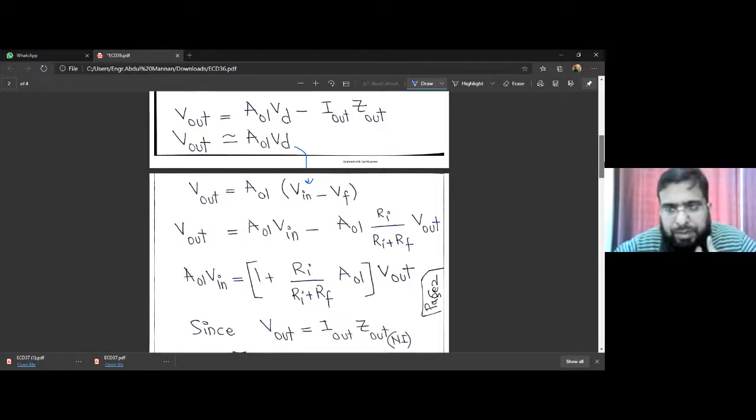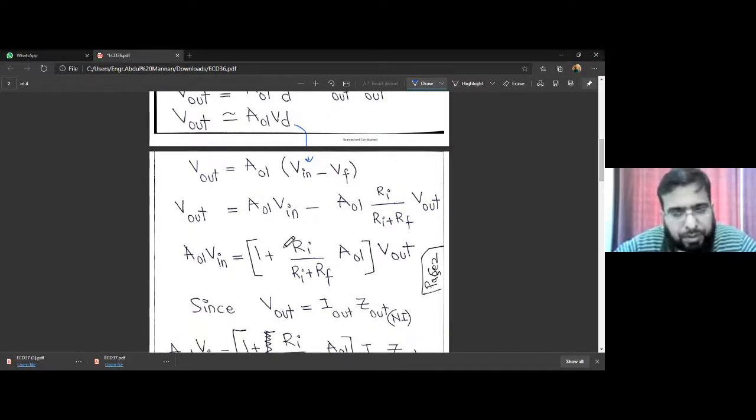So A_OL V_in is taken to the left hand side and V_out we take to the right hand side. In other words, if we take this whole term to the left hand side, we are left with A_OL V_in on the left hand side, and then we can take V_out common out of these two terms, and the net expression is this.